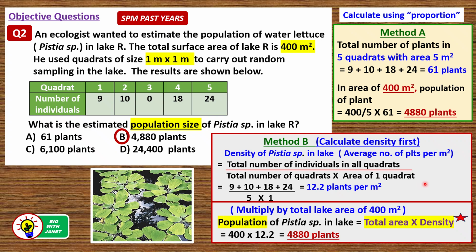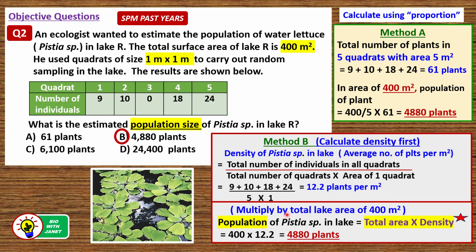Okay, so total number of individuals in all the quadrats. So again, you add up all the numbers, you get 61 plants, right? Then the total number of quadrats is 5, and the area of one quadrat is 1. So it's actually 61 divided by 5, and you get 12.2 plants per meter squared. That means in every meter squared, you have 12.2 plants.